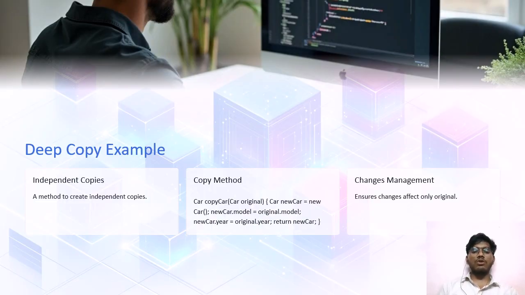The newCar.model equal to original.model, and we see that this is a deep copy example. This data is copied into this other object, and newCar.year equal to original.year, return newCar. Changes management: it ensures that changes affect only the original data and don't affect the duplicate values.